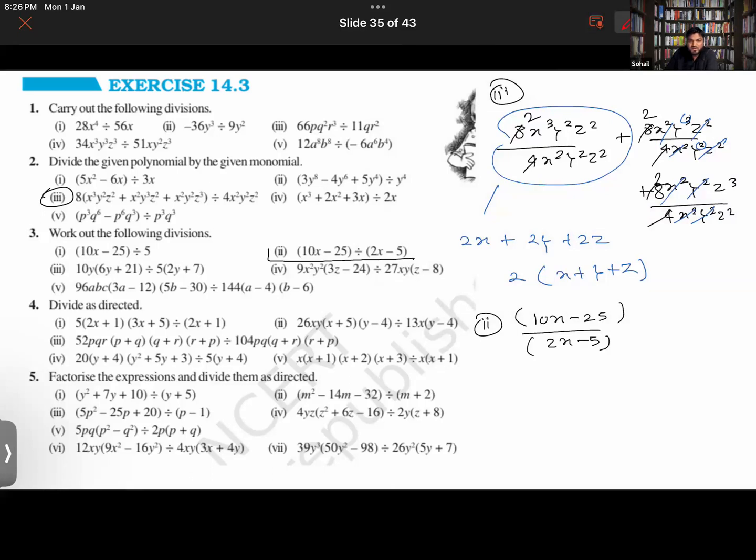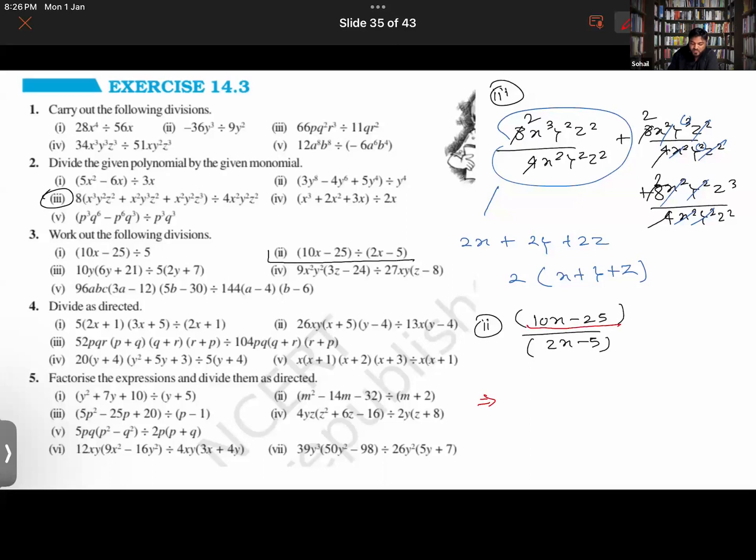It might look difficult, but it is actually very easy. See, in the numerator, in this term, what is common between 10x and 25? Try to visualize it in your mind.